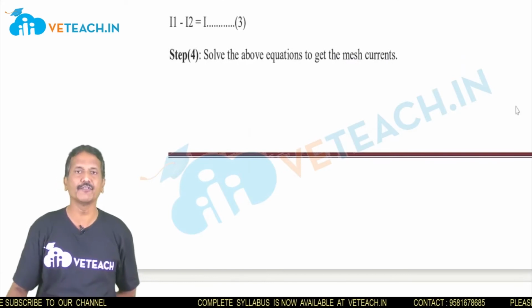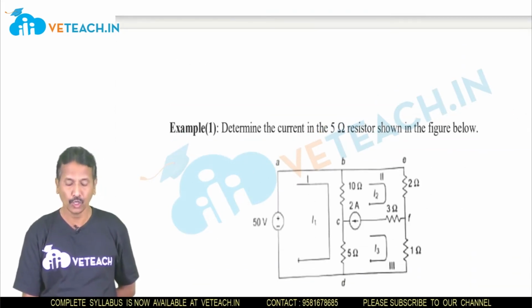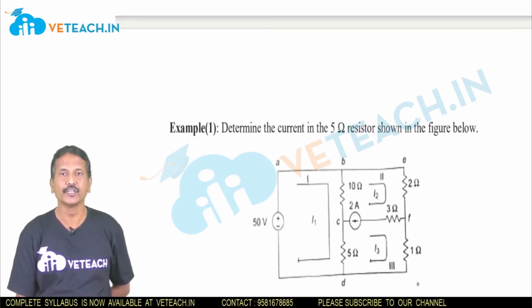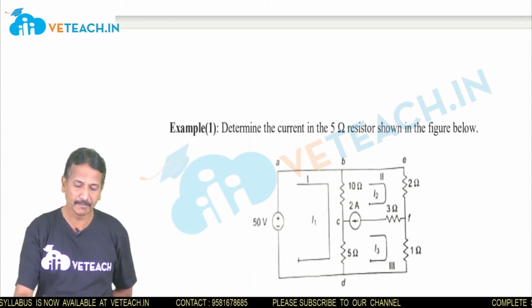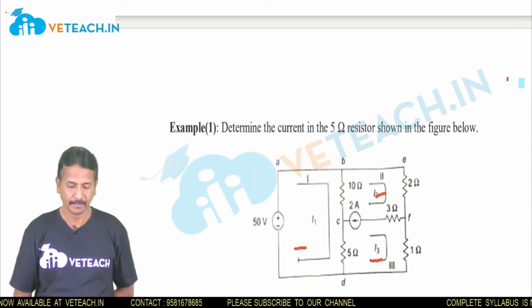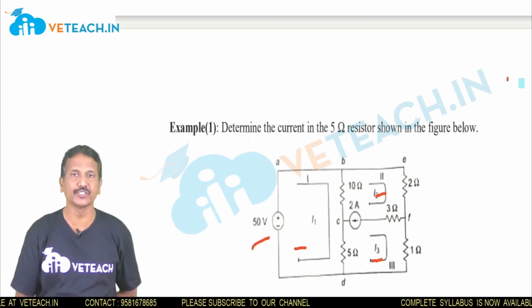Now we will solve one problem. Students, here are loop 1, loop 2, loop 3, and a voltage source as well as the resistances. There are three loops and five resistances, and the voltage source is there.